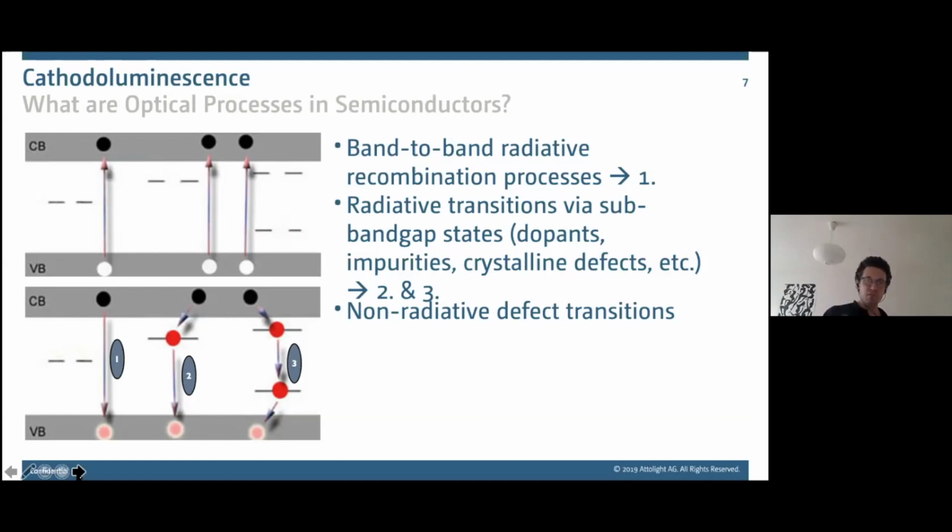And in your semiconductor band gap, you have perhaps some intermediate states or things that either prevent recombination or spur the non-radiative recombination part, or spur several-step recombination processes. And this is really what cathodoluminescence spectroscopy allows you to see in a very local way. Meaning if you have a nanometer-sized defect, you can see it with cathodoluminescence and you can really locate it. Okay.